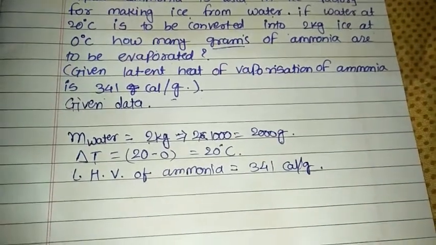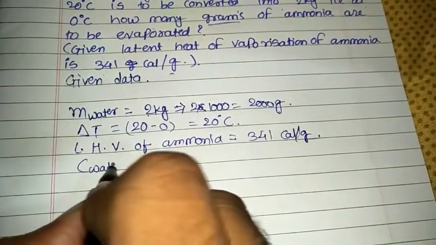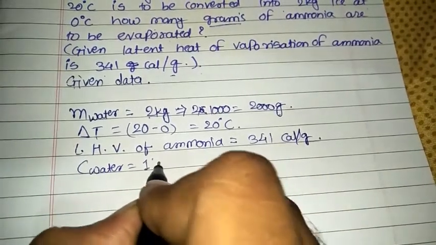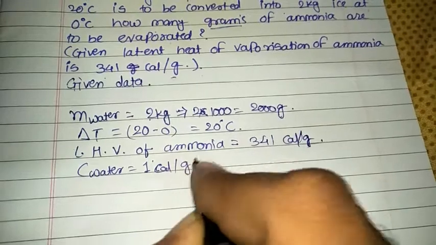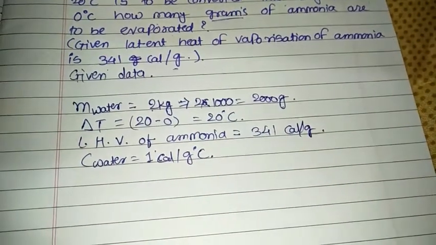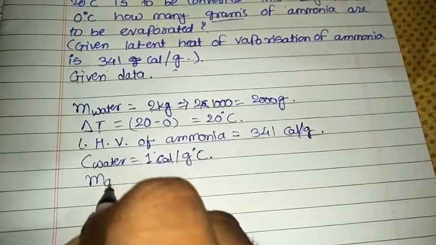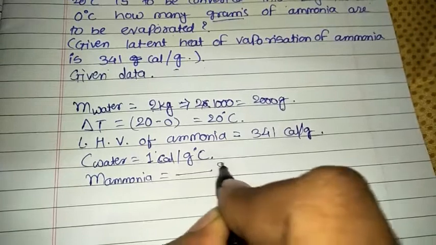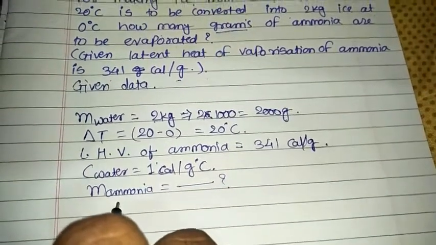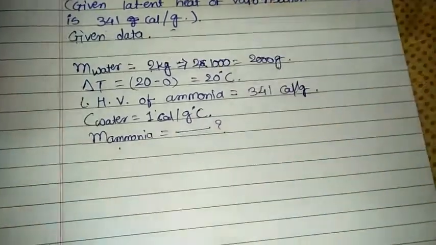Now the specific heat capacity of water is equal to 1, that we have seen, that is 1 calorie per gram per centigrade. What we have to find out in this is the mass of ammonia, that is, how many grams of ammonia are needed.